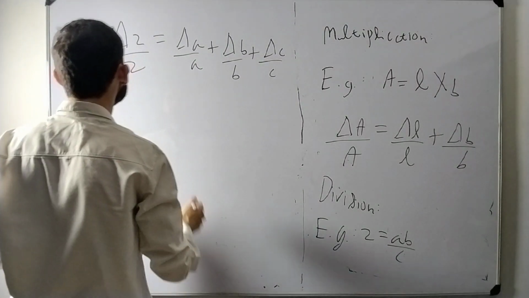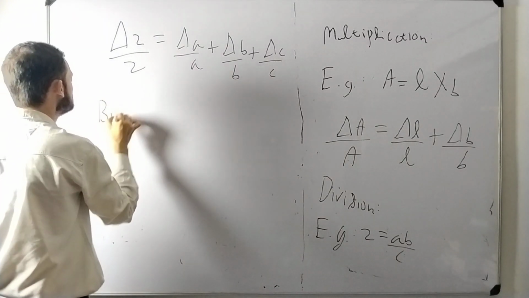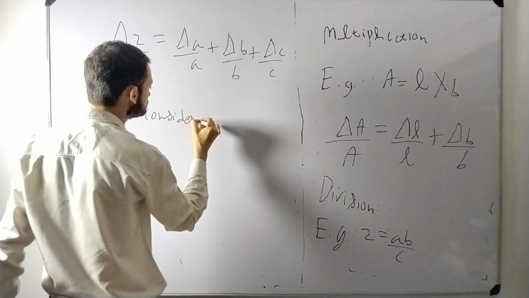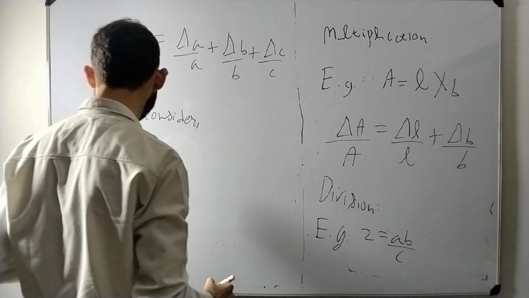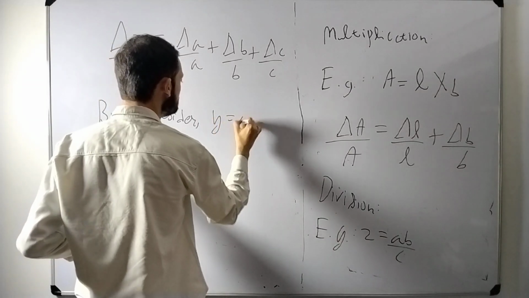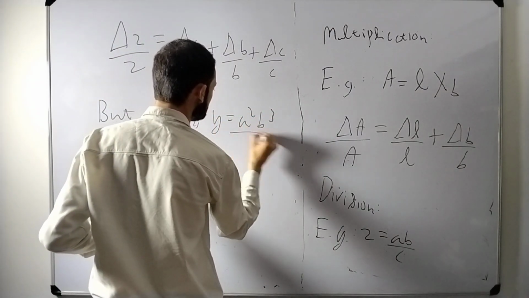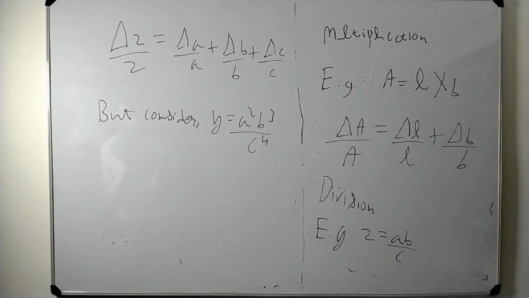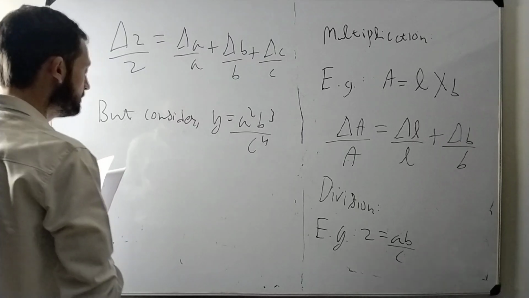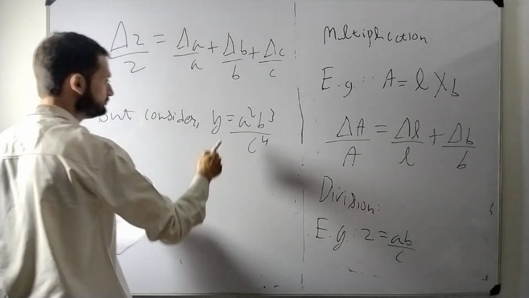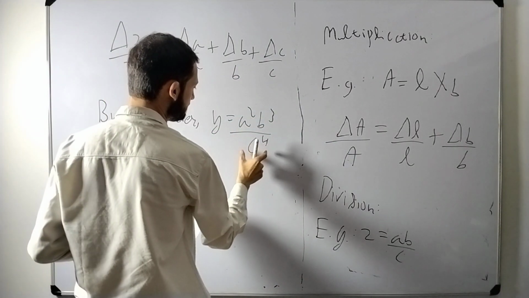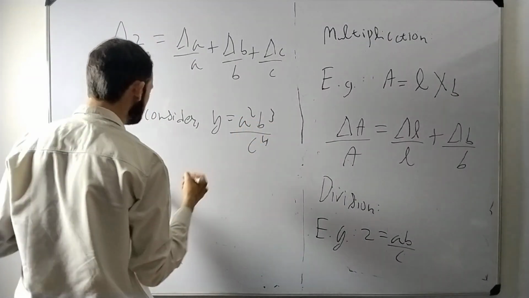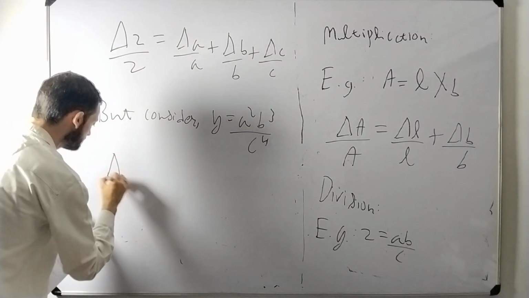But consider y is equal to a square b cube upon c to the power 4. Now the power part has come. What would you write then? Powers have to be dealt carefully here. Let me show you how you would deal with the powers in representation of errors.